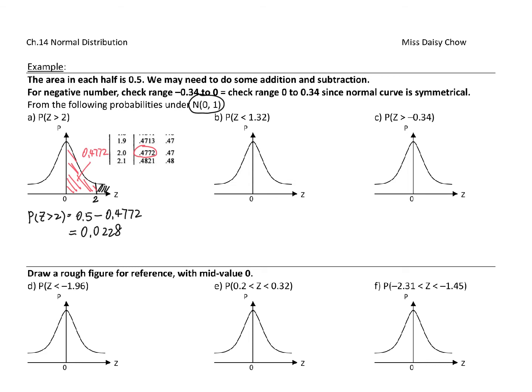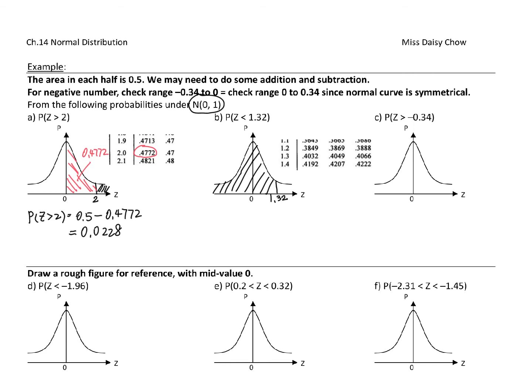And then part B, the question asks you to find the probability that z is smaller than 1.32, and the question would like to find the whole area. So again, let's check the table.